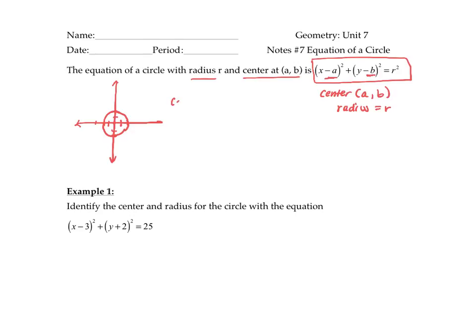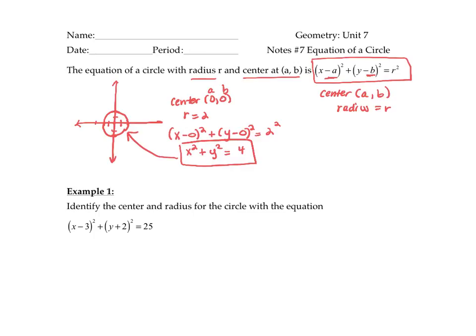If its center is at 0, 0, and the radius is 2, and we plug that information in for a and b and r, then our equation would look like this: x minus 0 squared plus y minus 0 squared is equal to 2 squared. So x minus 0 just gives us x squared, y minus 0 just gives us y squared, and 2 squared gives us 4. So we have the equation x squared plus y squared equals 4. And that would be the equation of the circle graphed over to the left.